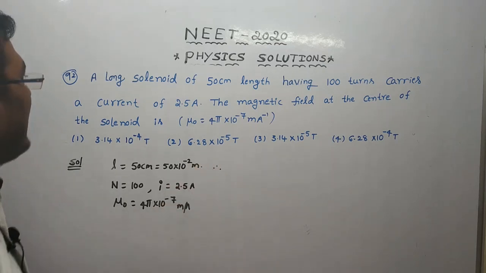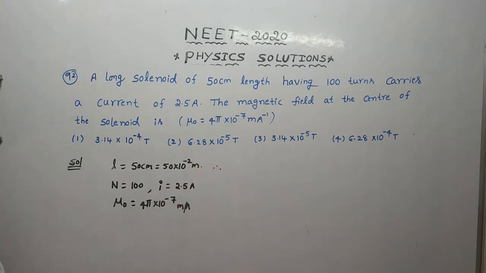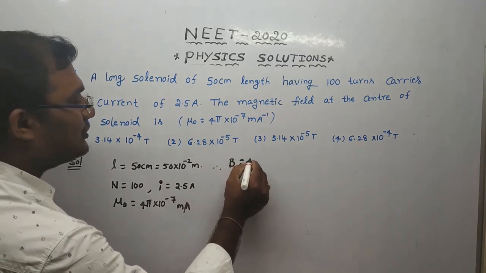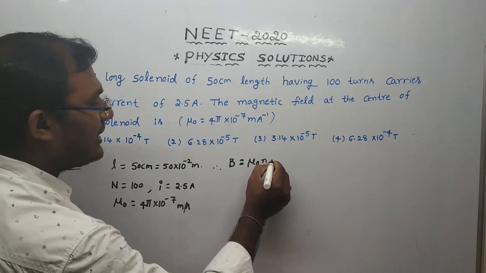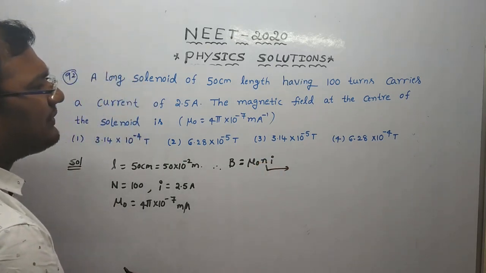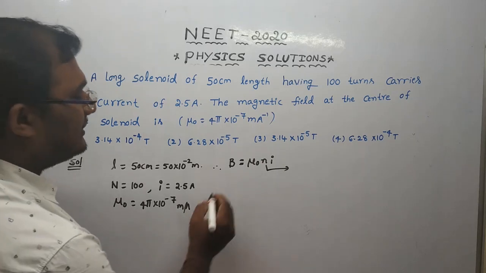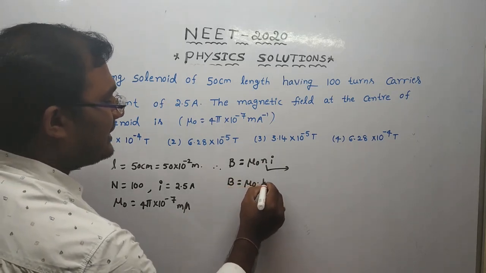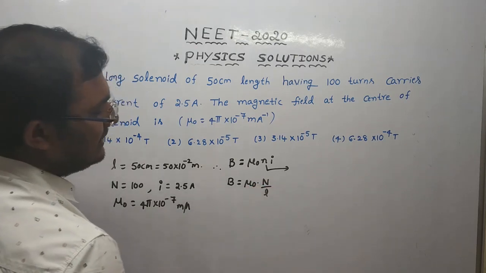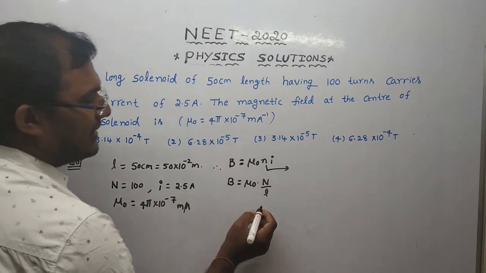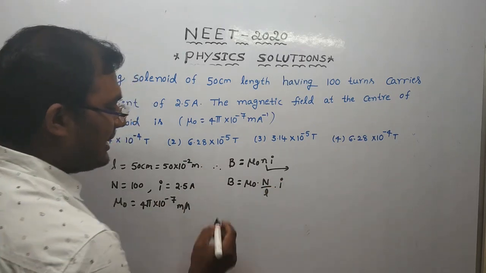Therefore, the magnetic field at the center of the solenoid is given by the formula B equal to mu naught n I, where n is the total number of turns per unit length. Therefore, B equal to mu naught capital N by L into I.